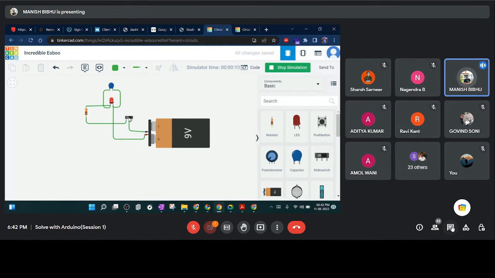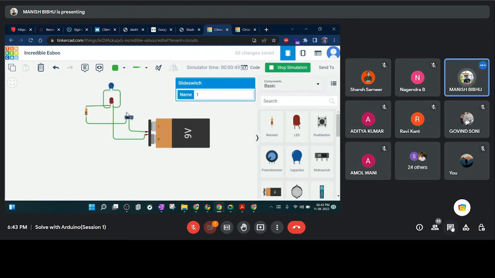Now when we switch off the circuit, it will switch off slowly. See, the light goes off slowly, because if we switch off the components suddenly, it will damage them slowly, meaning after some time they will get damaged.